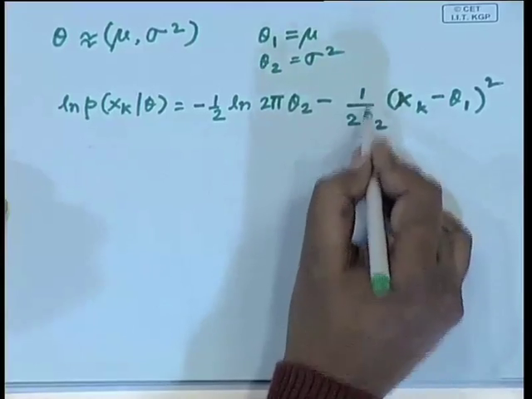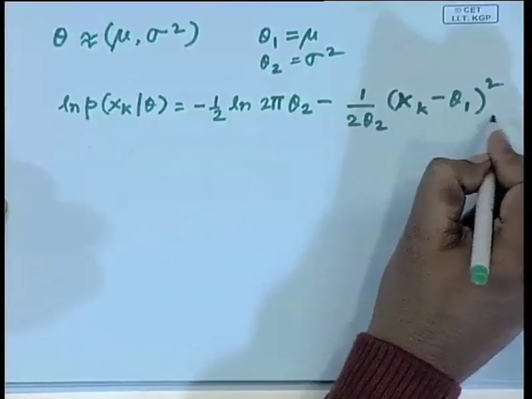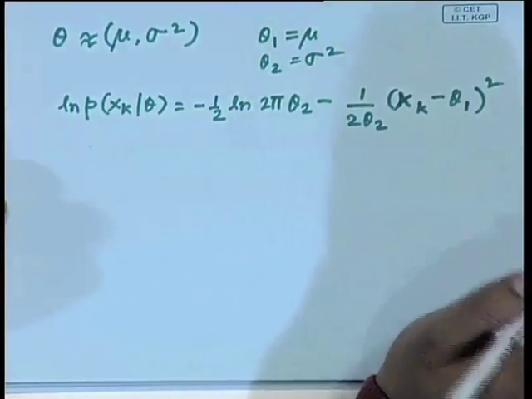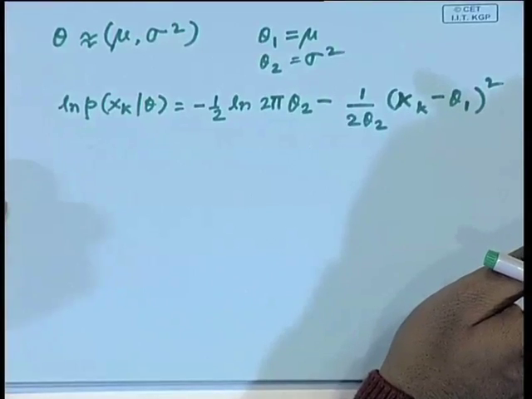So, it simply becomes 1 upon 2 theta 2 into (x_k minus theta 1) square in the logarithmic form, right.